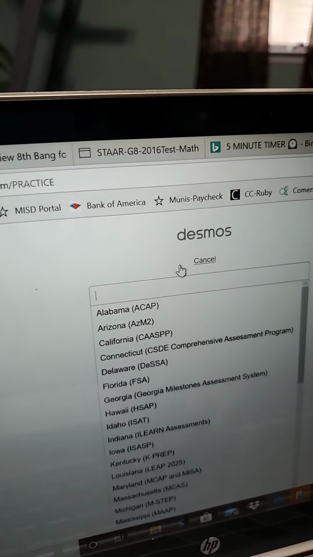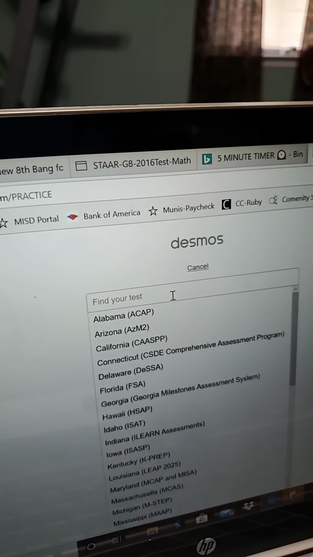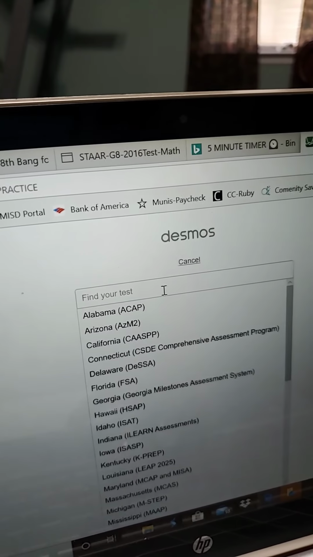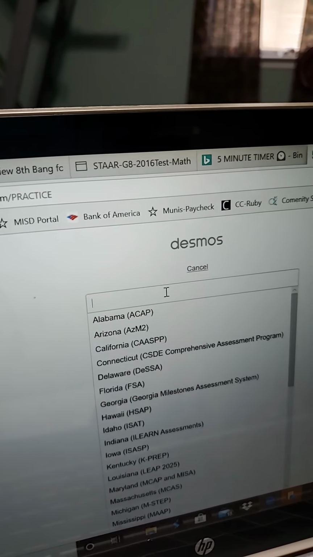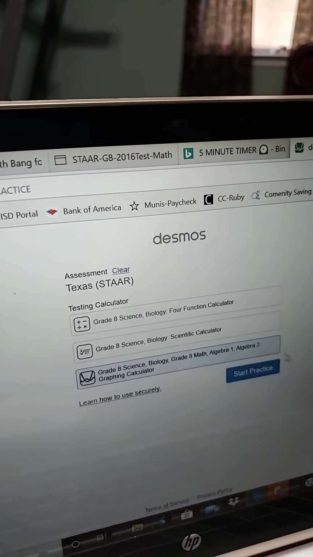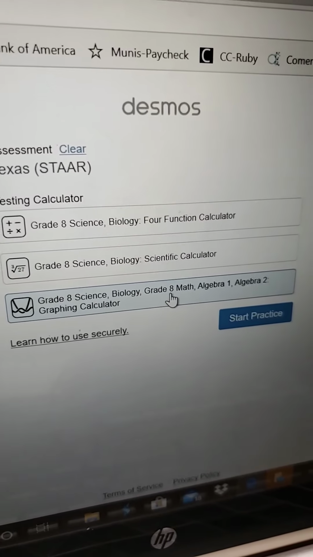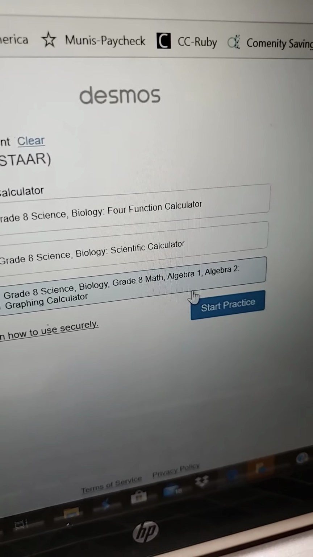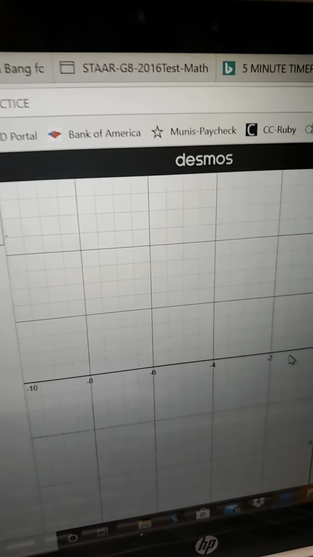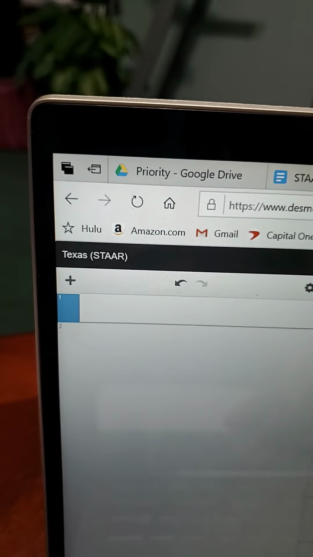So choose my assessment. I test in Texas. And I'm going to be using the grade 8 math Desmos. Right, in the top corner, it'll say Texas STAAR because that's what you're taking.